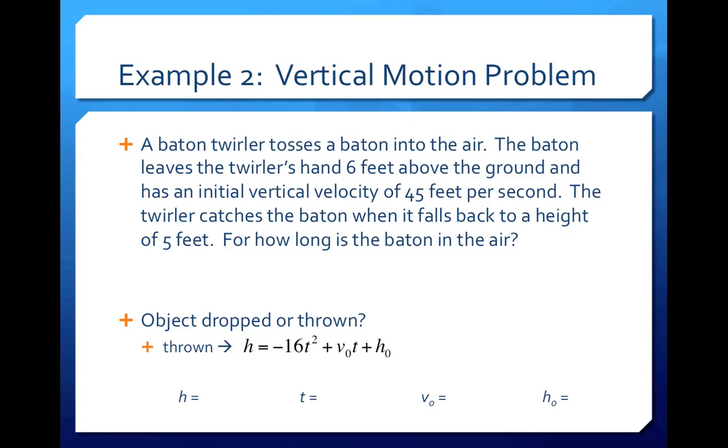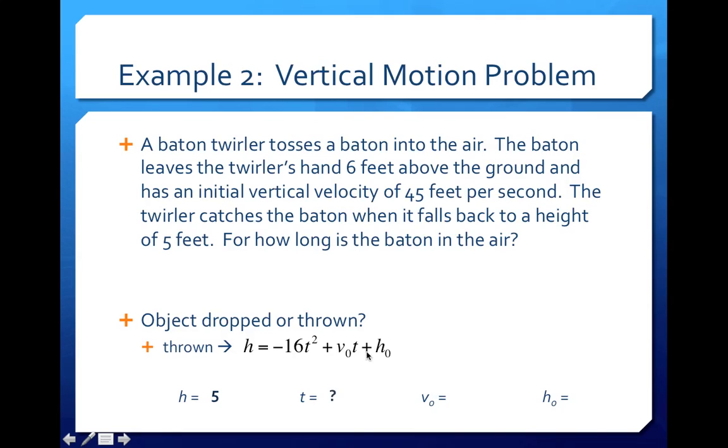So the h that we want right here, this is the h at the end of the problem. So where does the baton end up at the end of this time that we're trying to figure out? Well, that's this piece of information right here, the 5 feet. So our h here is going to be the 5. The t is what we don't know because we're being asked for how long is the baton in the air.